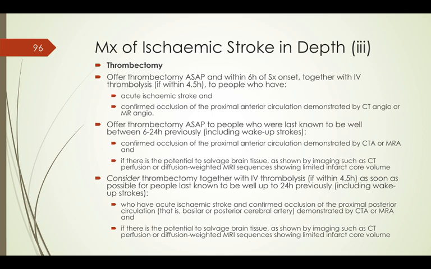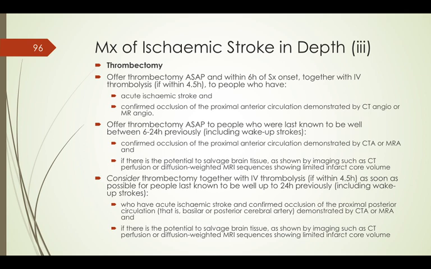A new method being used nowadays is thrombectomy. And thrombectomy is performed within 6 hours of symptom onset, along with thrombolysis, to those who've had an acute ischemic stroke and those with confirmed occlusion of the anterior circulation, which has been demonstrated by an angiogram.